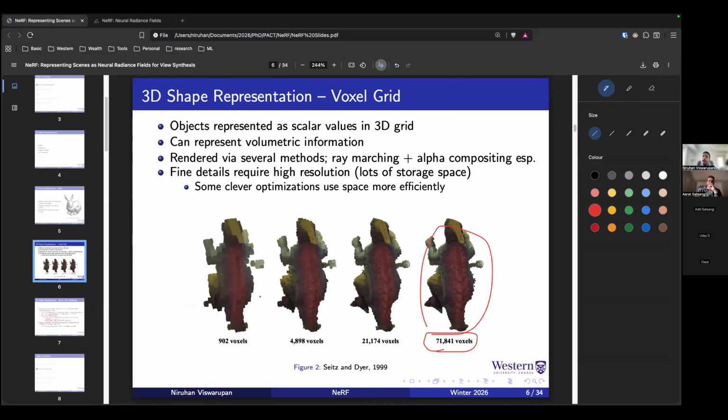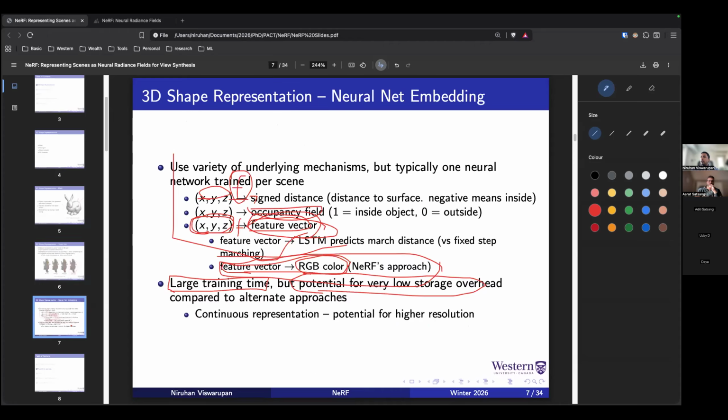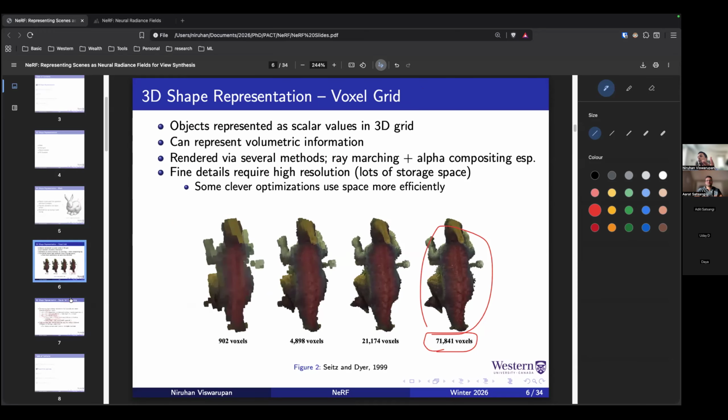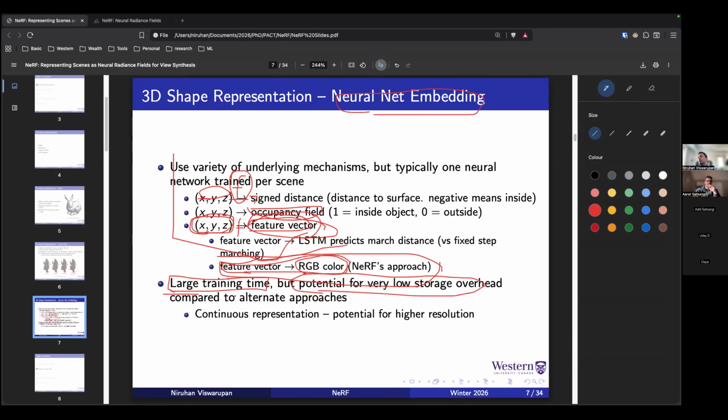So to get really fine details, the storage cost will be very high. But when you use a neural net embedding, even to get very fine details, the number of neural network parameters that the network has to store is low compared to getting the same resolution with a voxel grid. But of course, it requires a large training time. That's the trade-off that people have to make here.